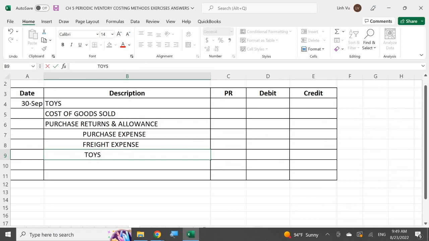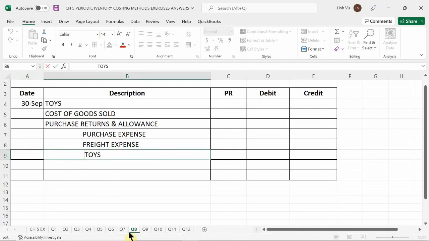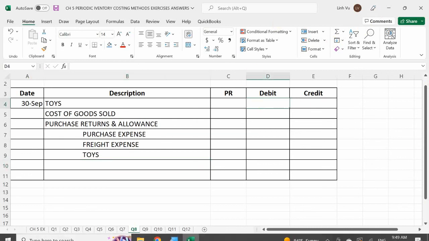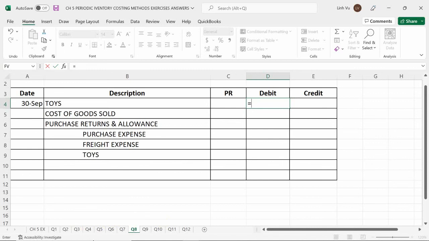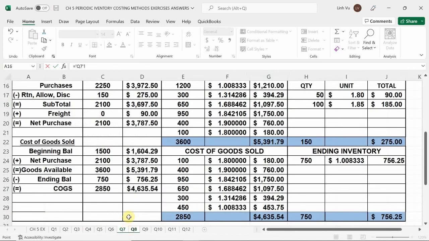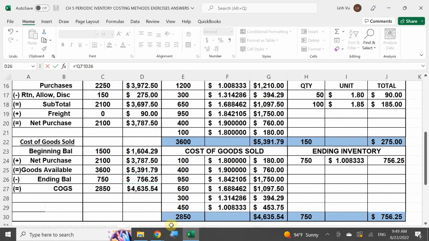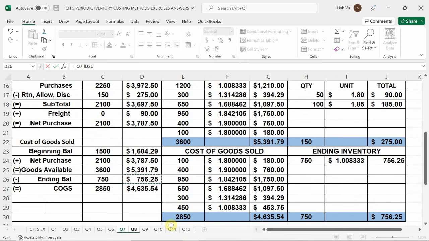Okay. Because in this case, right, what do we do? We're going to be combining everything together for us to sell, right? All right. So there you go. All right, so let's plug in our numbers, starting with the ending balance in our inventory. So what was the ending balance? 756.25. Good.